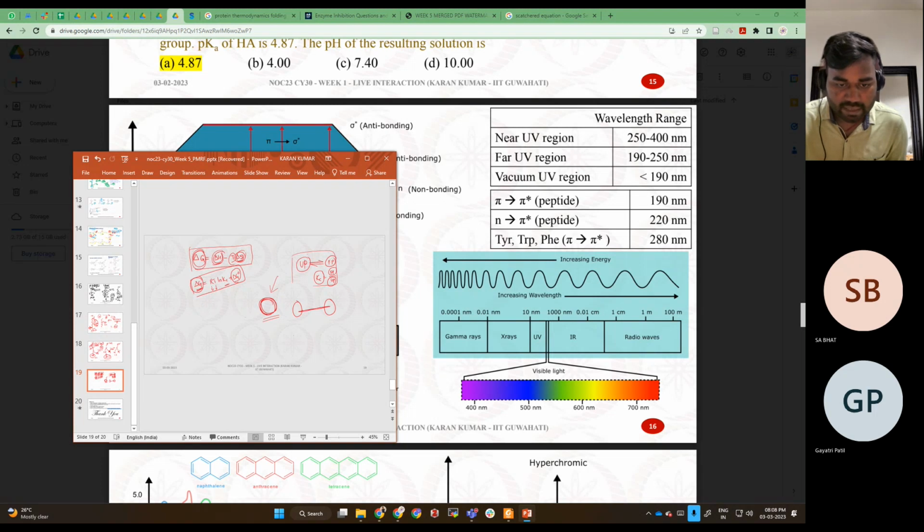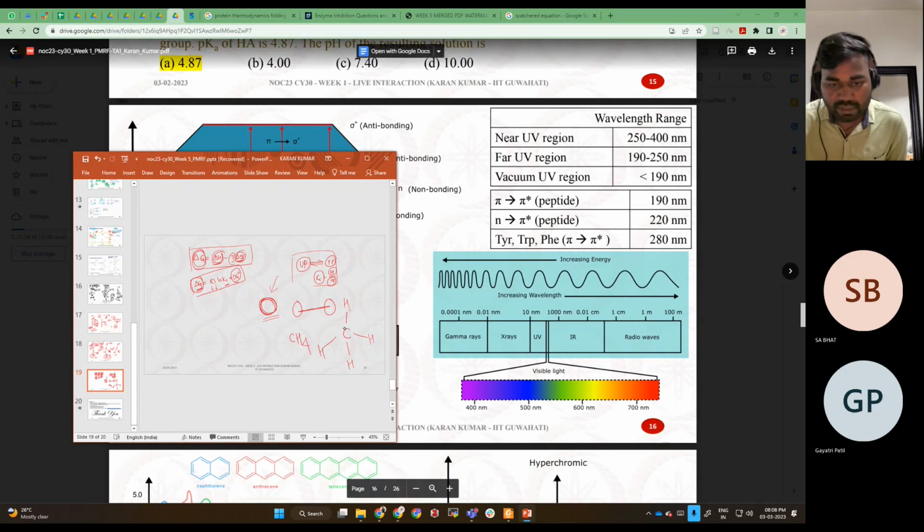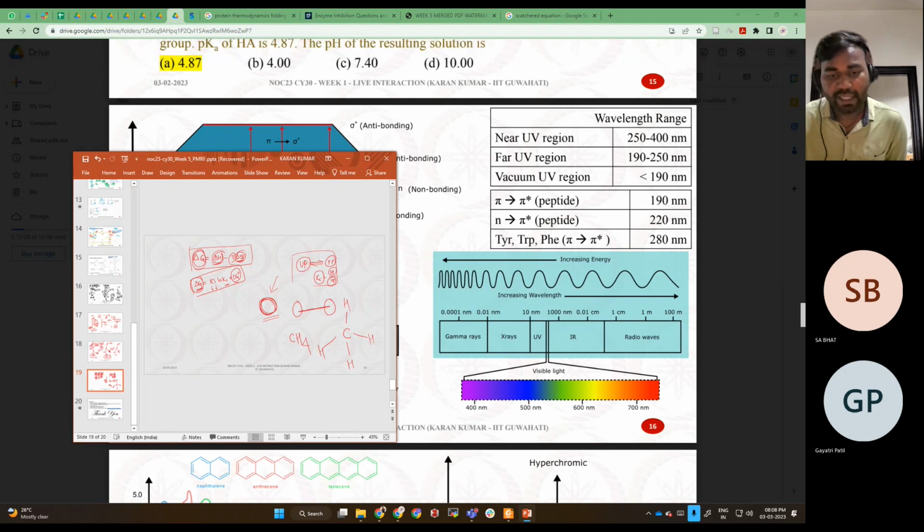Let us study CH4. CH4 has four different bonds, with four hydrogens attached to the carbon. Now when there is bond interaction, bonds can have vibration.